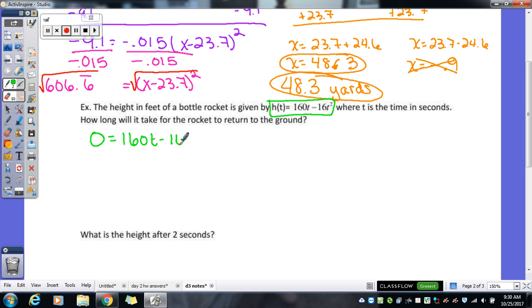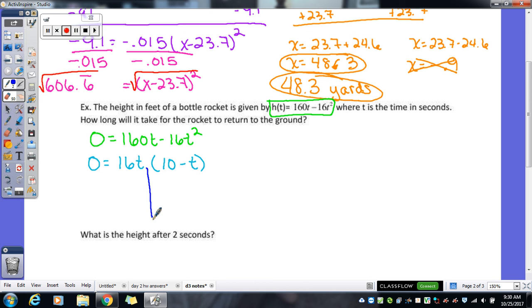So we're going to set our equation equal to 0. So again, we're going to have a GCF factor here. What will our GCF factor be? 16t. So we would have 10 minus t when we take out our 16t.